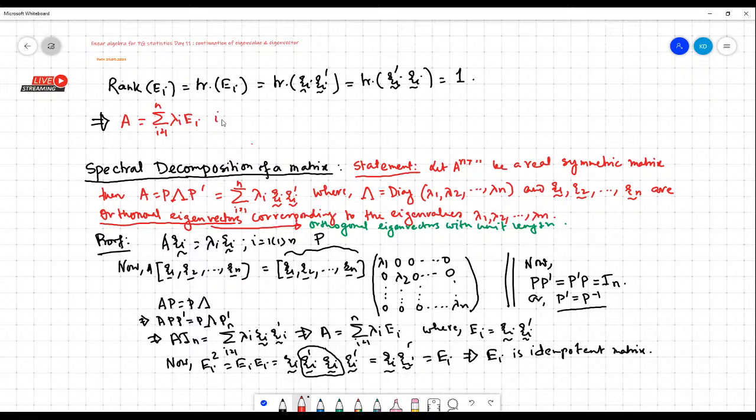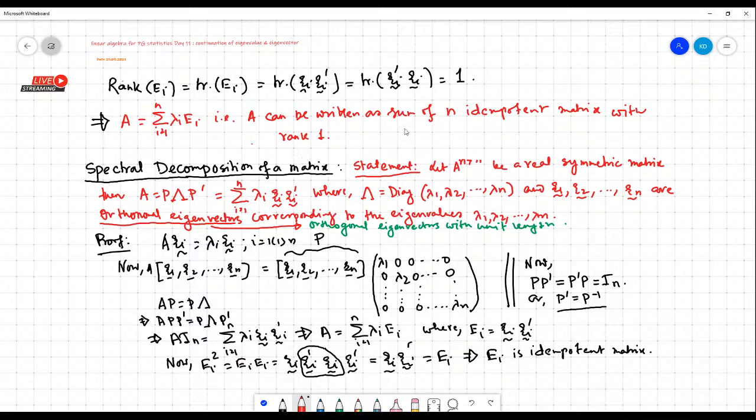So A can be written as a sum of n idempotent matrices with rank 1.